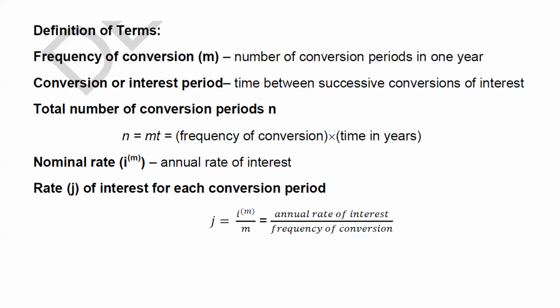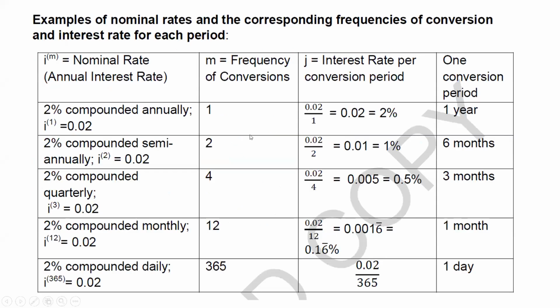Compounded annually, only once, once a year. Its conversion period is 1 year. Compounded semi-annually, 2 times in 1 year, so every 6 months. Quarterly, we have 4 quarters in 1 year, every 3 months.